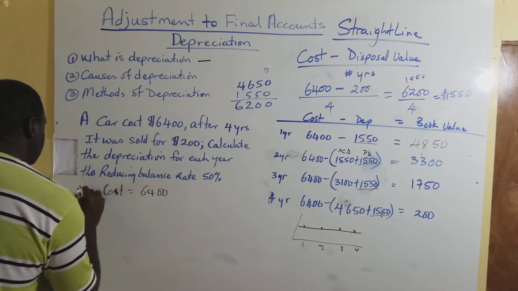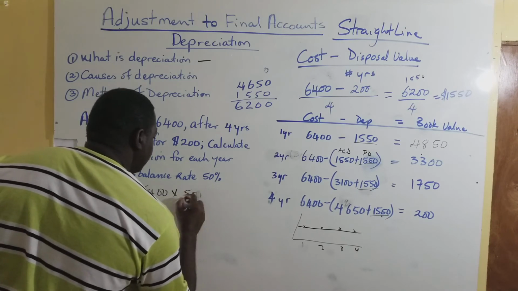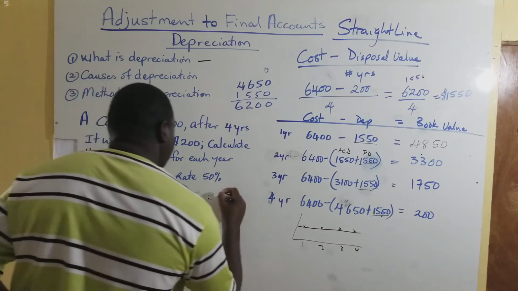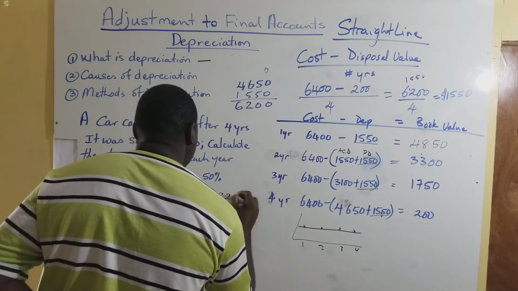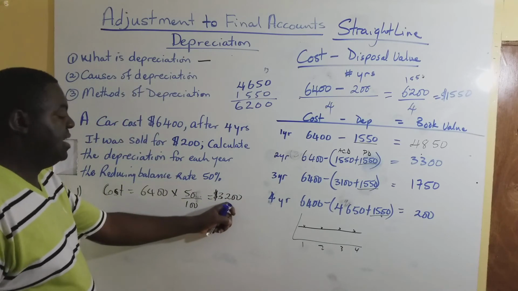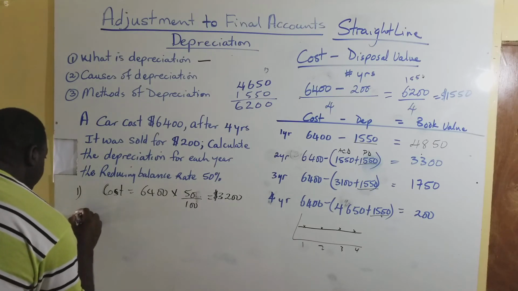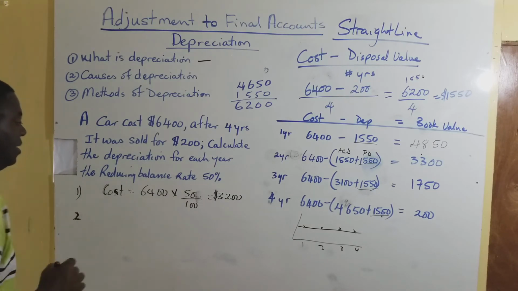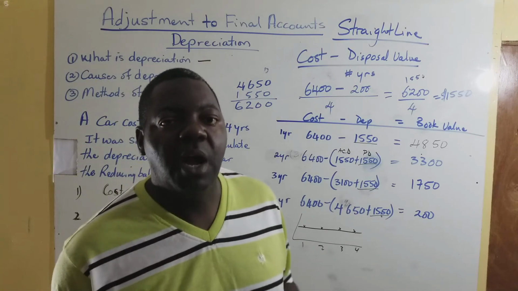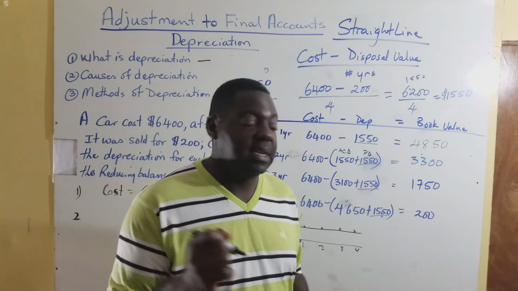So for year 1, the depreciation is 50% of that, which will equal 3,200. So for the first year, the depreciation charge on the asset is 3,200. For year 2, the idea of the reducing balance method, after the first year, is that you are simply going to be using the book value times the percentage.